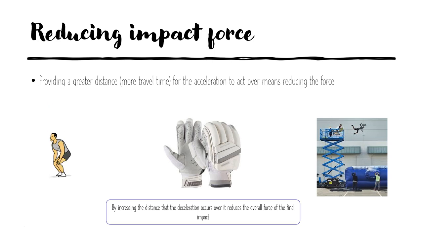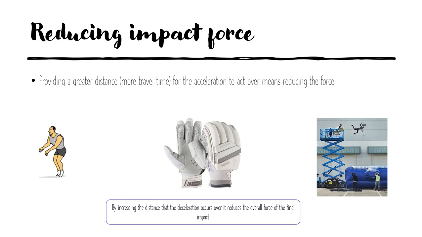We can see this when athletes or gymnasts are jumping and will bend their knees to absorb some of that force as they land. We see it in the use of pads such as cricket pads and cricket gloves in order to reduce the overall impact force of the ball as it hits.